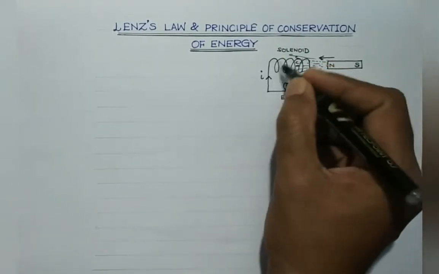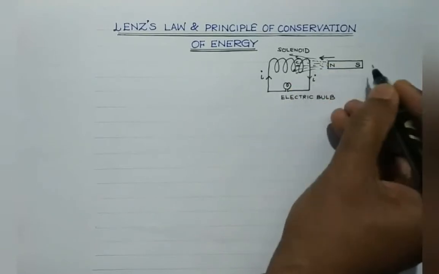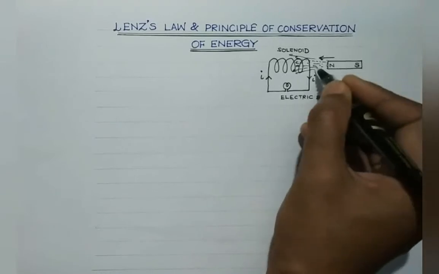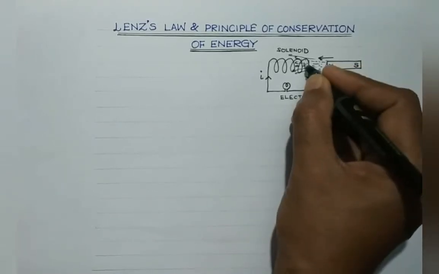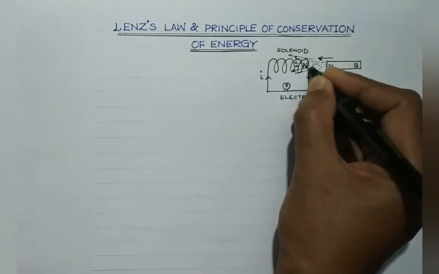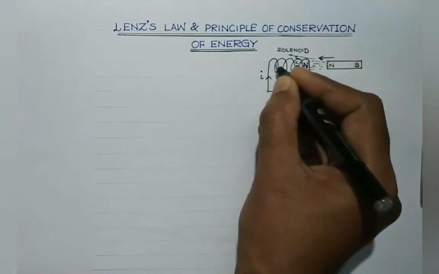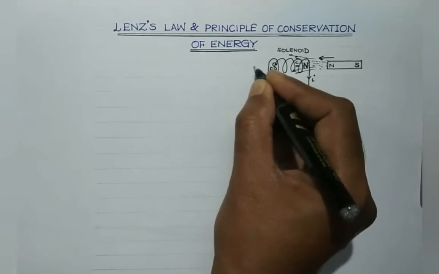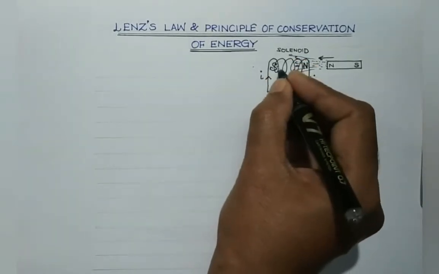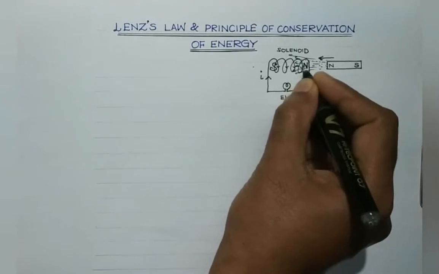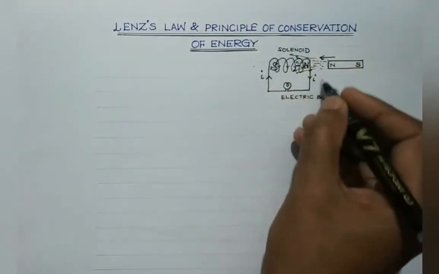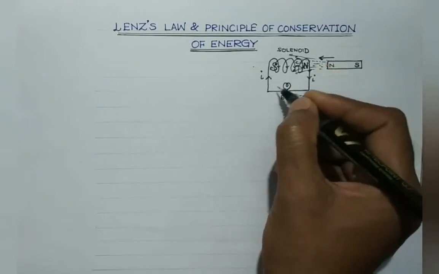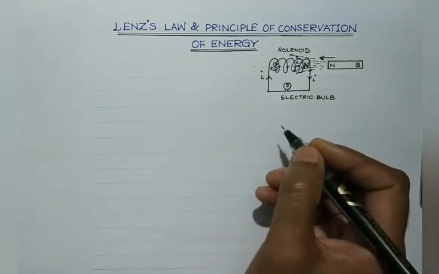It can oppose the approaching magnet only when this end of the solenoid acquires north polarity and this end acquires south polarity. So looking from this side, the current should be flowing in the clockwise direction like this. This must be the direction of the induced current in the solenoid as warranted by Lenz's law.